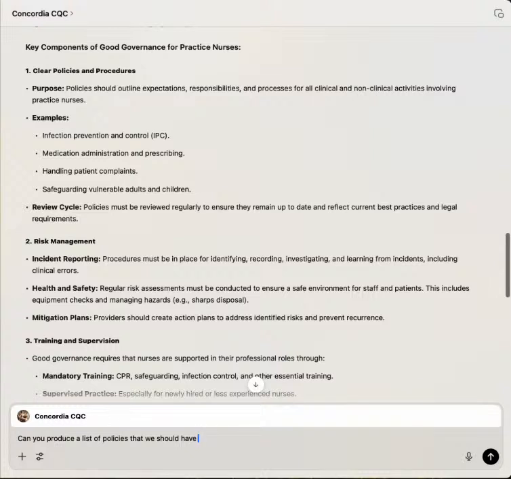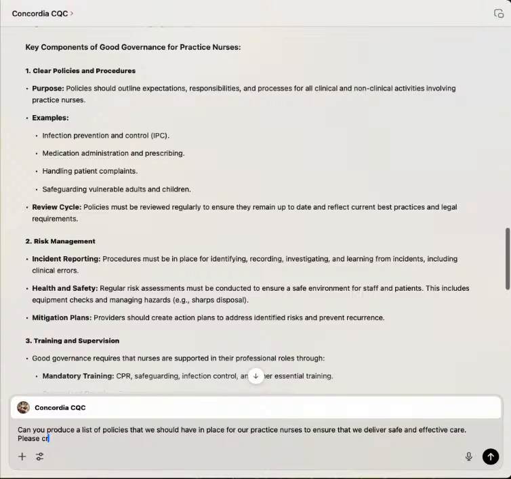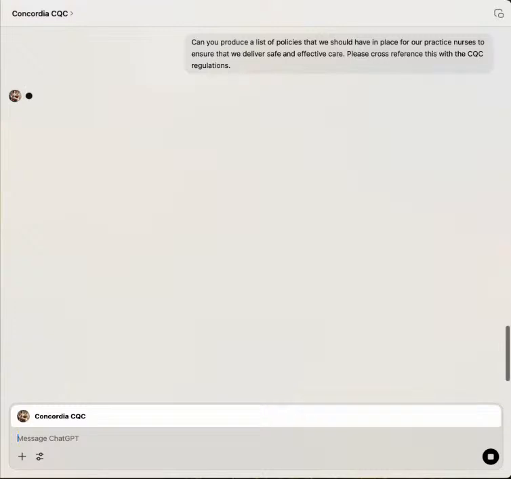Can you produce a list of policies that we should have in place for our practice nurses to ensure that we deliver safe and effective care? Please cross-reference this with the CQC regulations. Let's see what that gives us.